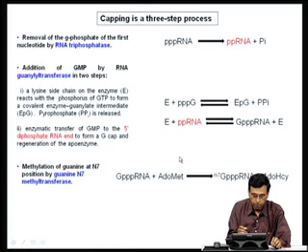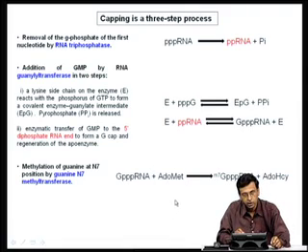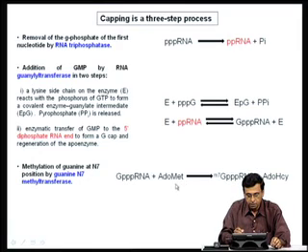In the final step, the guanosine which is added to the 5' end then gets methylated by an enzyme called guanosine methyl transferase, and here S-adenosyl methionine acts as a methyl donor. The methyl group is transferred from S-adenosyl methionine to this guanylated RNA, so that you get methylated guanosine at the 5' end, and in the process S-adenosyl methionine gets converted into S-adenosyl homocysteine.